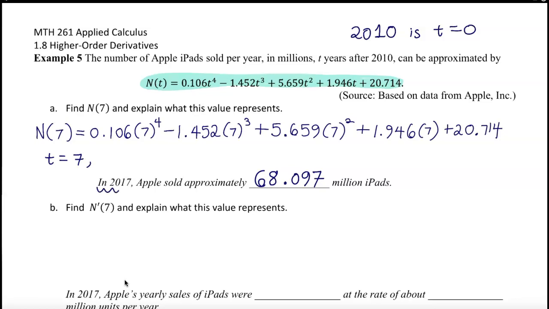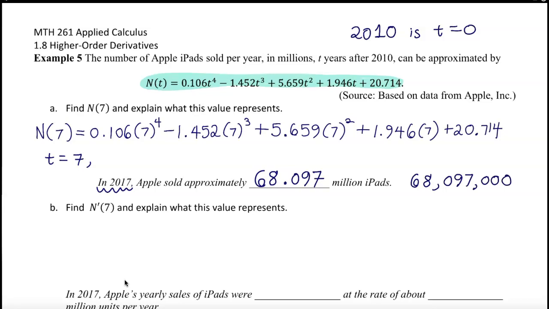That's why they're saying in 2017, Apple sold approximately 68.097 million iPads. Oh, goodness. Okay, so how many is that? 68 million 97,000 iPads. That's a lot of iPads they sold.